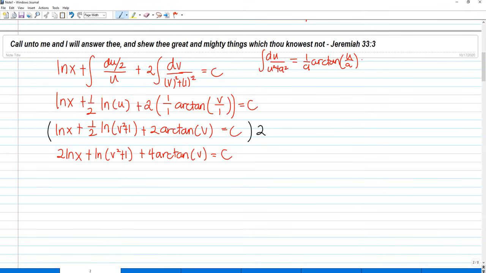By properties of the natural logarithm, 2 ln x can be rewritten as ln x squared. Whatever the constant, we can raise it up as an exponent inside the ln. So we have ln of x squared plus ln of v squared plus 1 plus 4 arctan of v equals c.